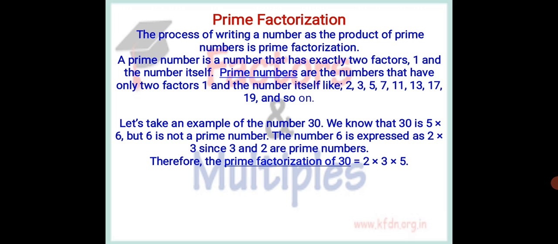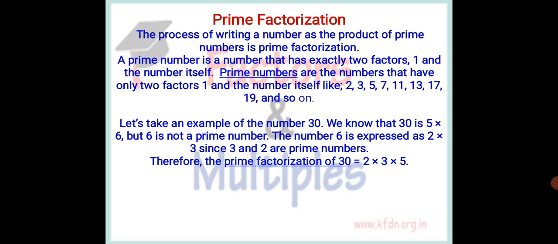A prime number is a number that has exactly two factors, 1 and the number itself. Prime numbers are the numbers that have only two factors, 1 and the number itself, like 2, 3, 5, 7, 11, 13, 17 and so on. So, let's take an example of the number 30.